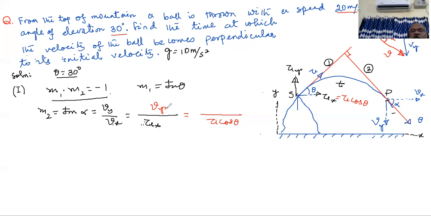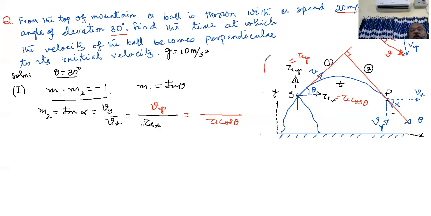That won't work. We know that's not true. To find out Vy, we know our initial vertical component of the velocity is given. Because Ux equal to u cos theta, then Uy must be equal to u sin theta, and that is in upward direction. We consider upward vectors positive.